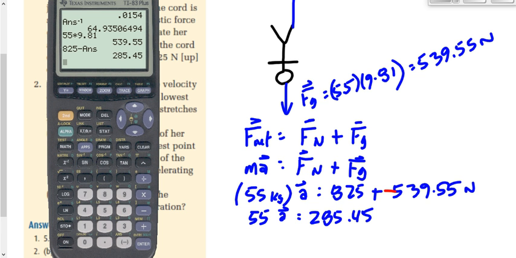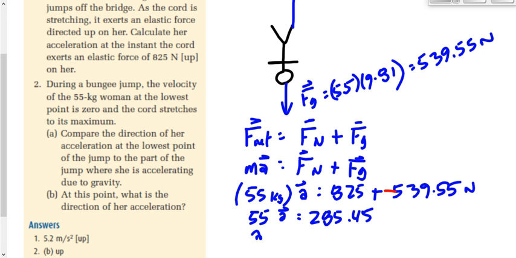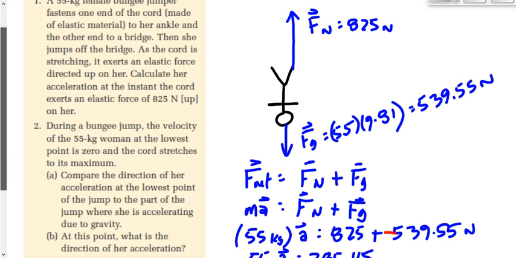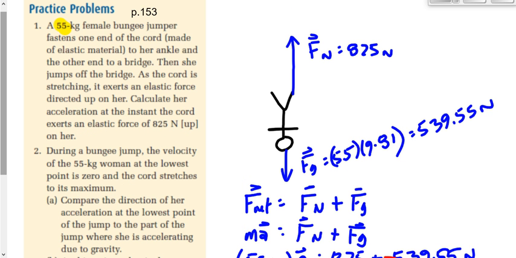And then we divide that by 55. 5.19. And sure enough, they get 5.2. We're going to round it to 2 digits because of that 55 kilogram mass there.